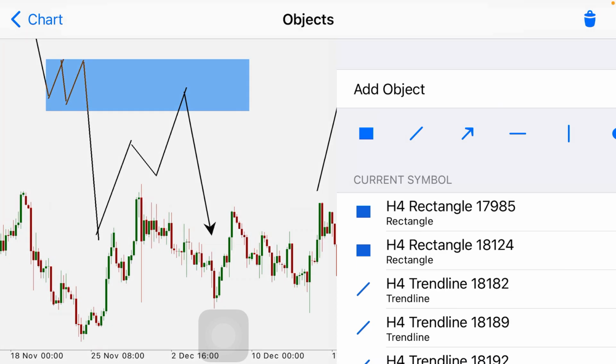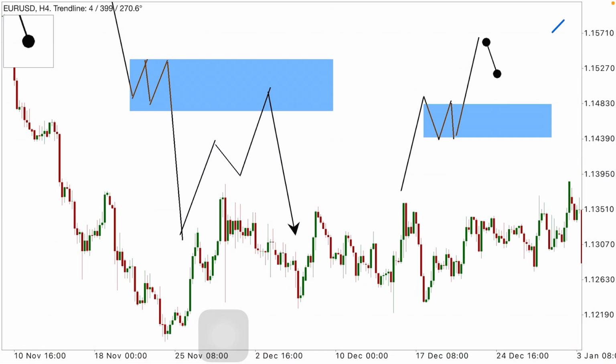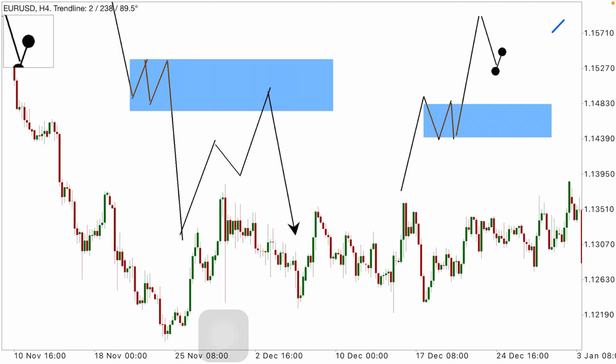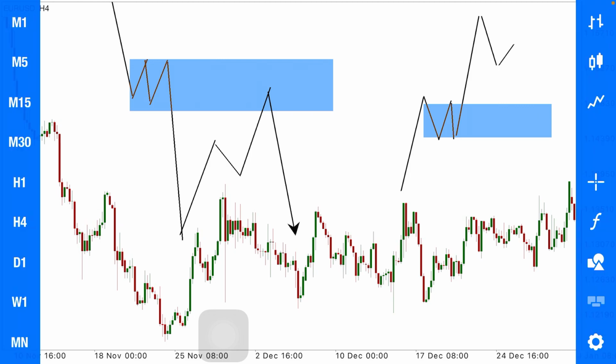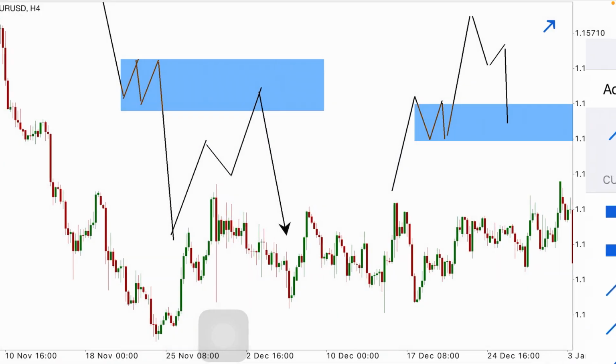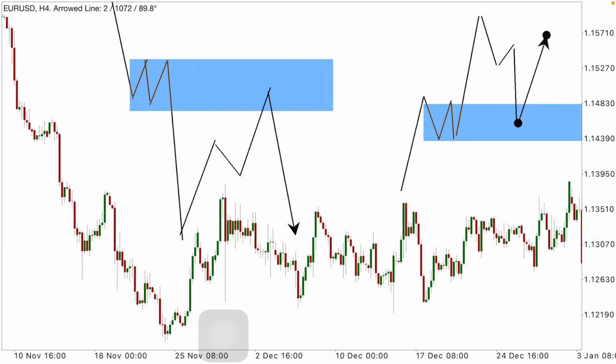It is expected that price will come back into the zone, and then we buy.